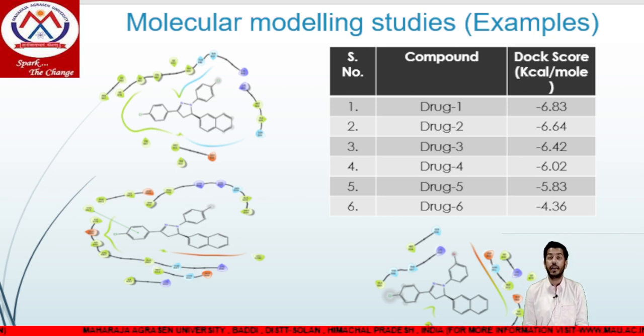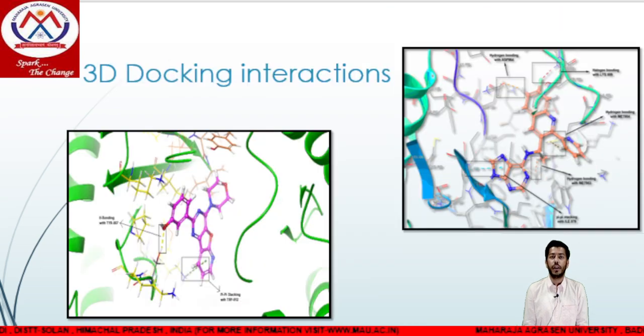Drug 1 has a negative score of 6.83, and the docking score is calculated in kilocalorie per mole. Now these are the 3D interactions of the docking poses. In this, our ligand molecule is attached with its receptor, and the receptor comes from its protein.